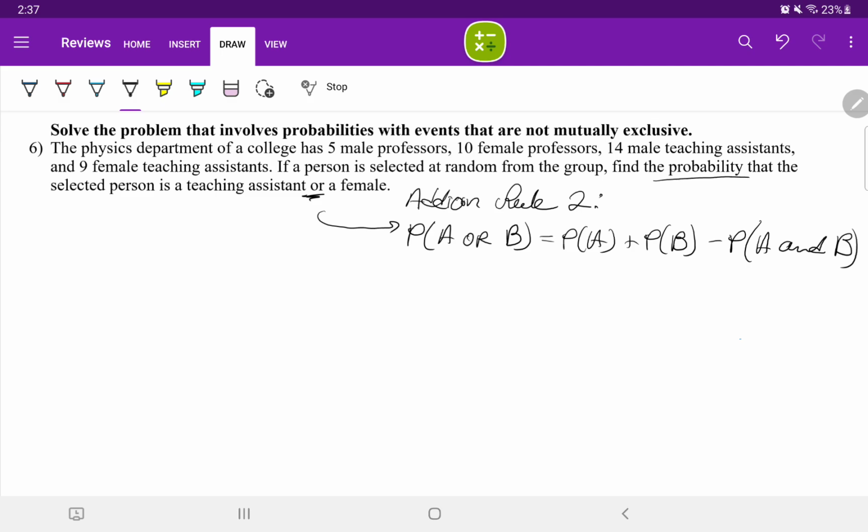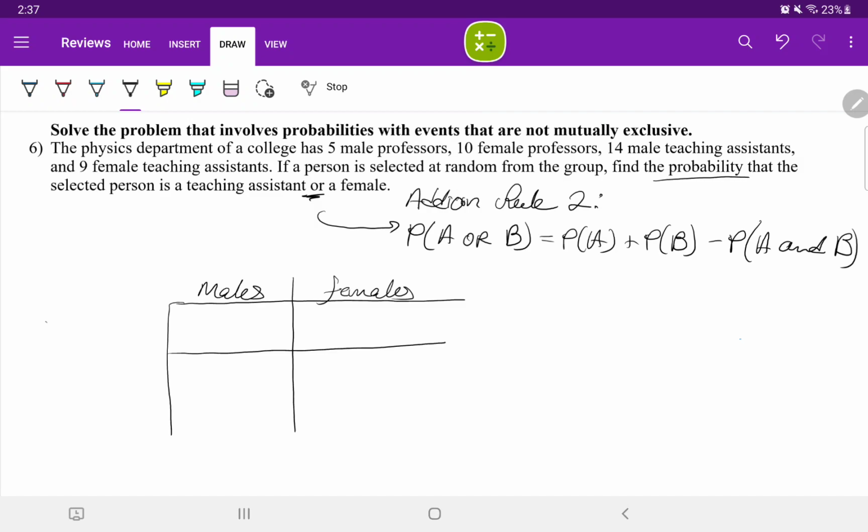Let's organize this information into a table. So I have 2 genders. I have males and I have females. And in the physics department, we have professors and teaching assistants.